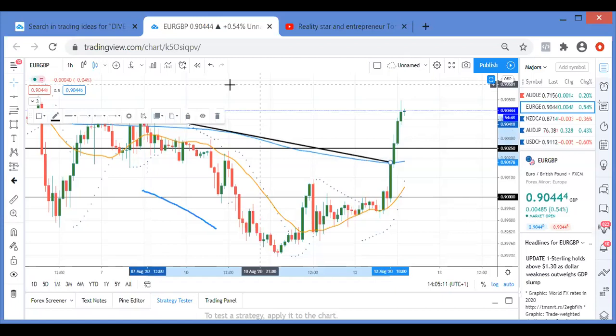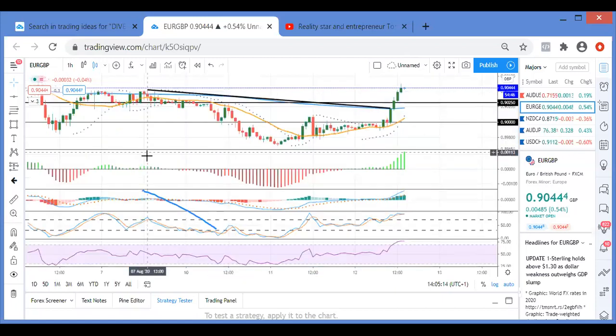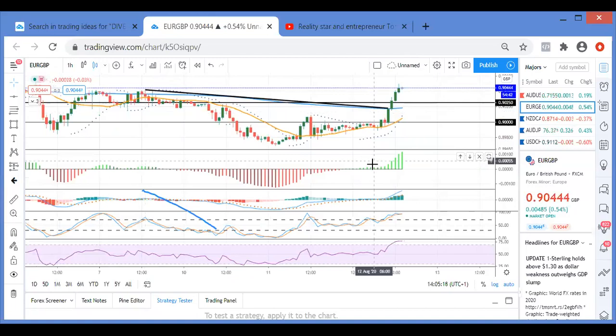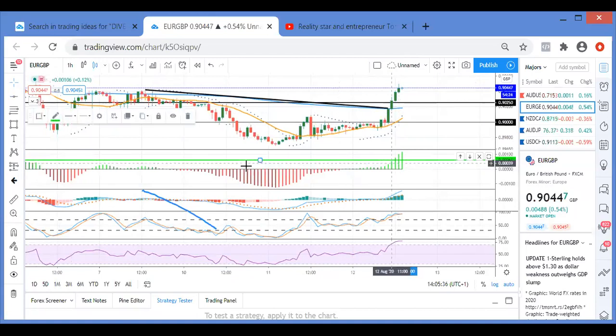Because this was a high, and this high here was forming, but I was waiting for this high to be higher than the other high. Now look, it happened here. This histogram here is higher. Can you see it's higher than this one?